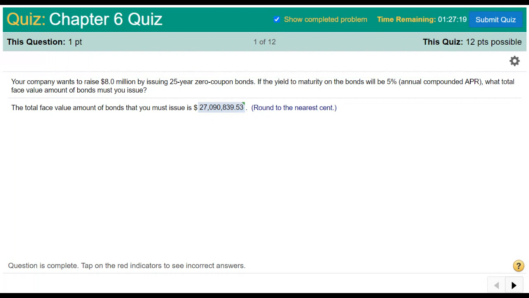Okay, so it makes sense because what happens is somebody's going to have your money for 25 years. So you need to know how much you're going to be getting back in 25 years. And this is what this is saying. Now, I've explained to you guys before that a bond like that changes hands over and over and over again because no one likes to be out that amount of money.